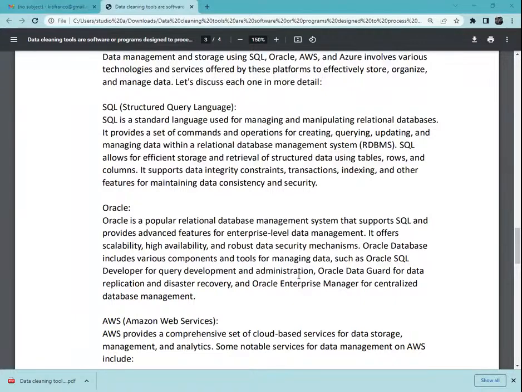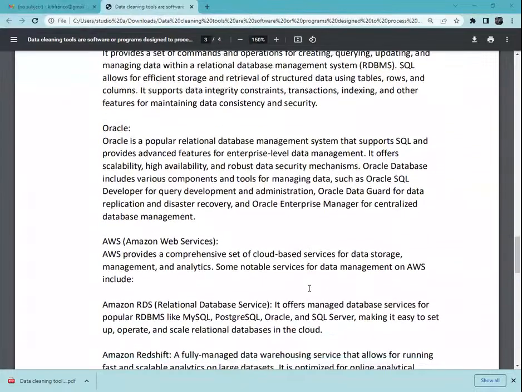Even if you become a multinational with branches outside the country, Oracle is so nice because it has the forex tool to handle foreign exchange and robust data security mechanisms. Oracle database includes various components and tools for managing data, such as Oracle SQL Developer for query development and administration, Oracle Data Guard for data replication and disaster recovery, and Oracle Enterprise Manager for centralized database management.